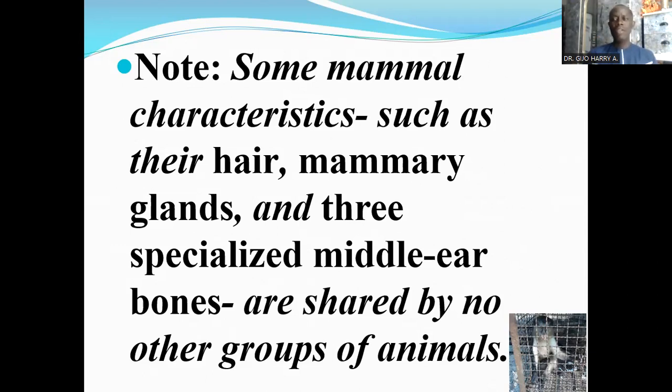For instance, being viviparous, giving birth to live young, is also shared by some reptiles and some birds. So these three distinctive features distinguish mammals from other groups.